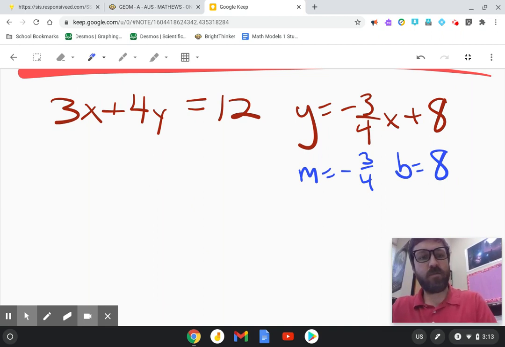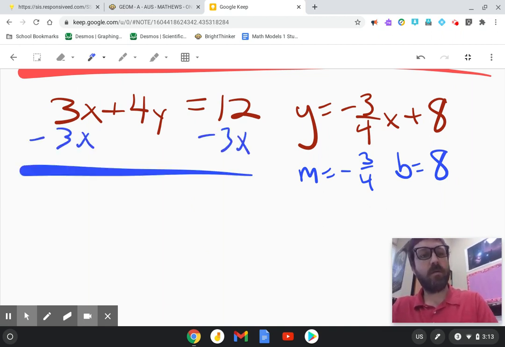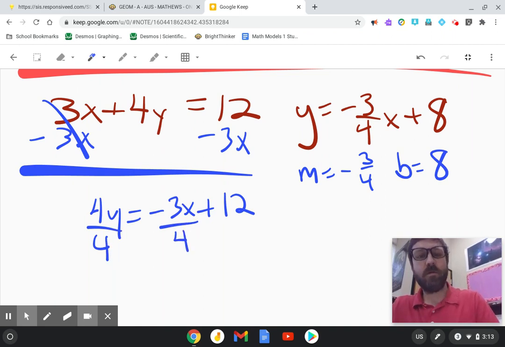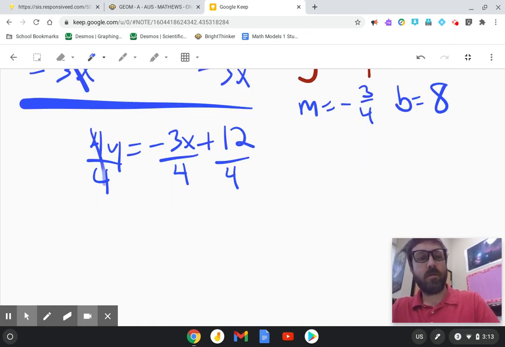And if you remember, the first thing we're going to do is move the x across. And then we're going to divide by 4, giving me y equals negative 3/4 x plus 3.